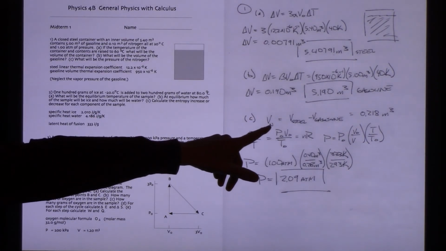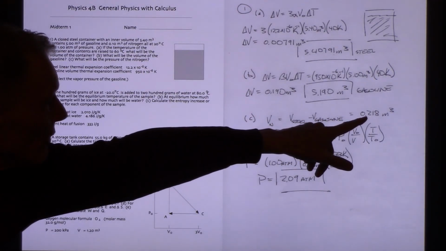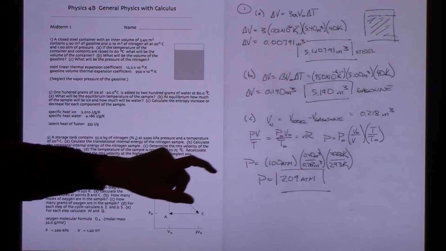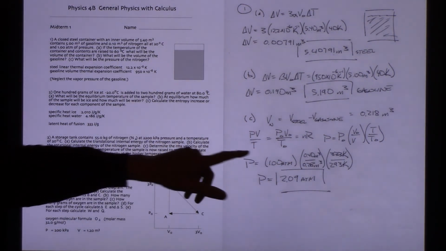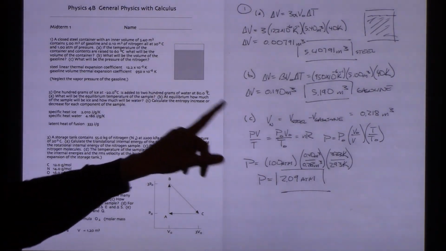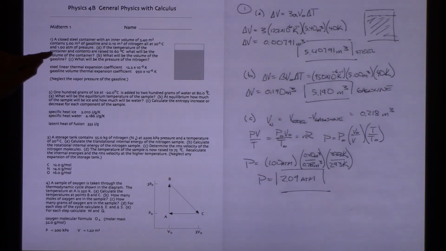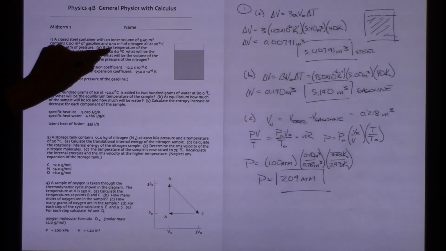What it's saying here is that the volume available to the nitrogen is now going to be 0.218 cubic meters. Whereas, here we go, here's the simplest possible correction, I hope: the nitrogen is filling the remaining 0.4. That should be a 0.40.